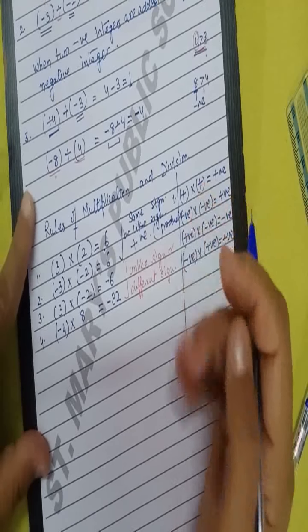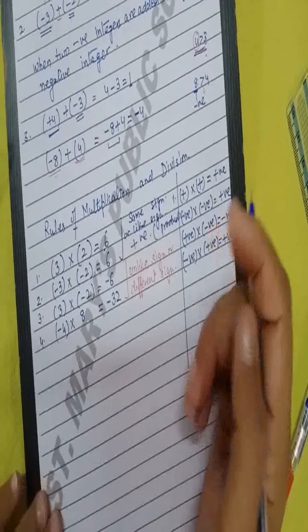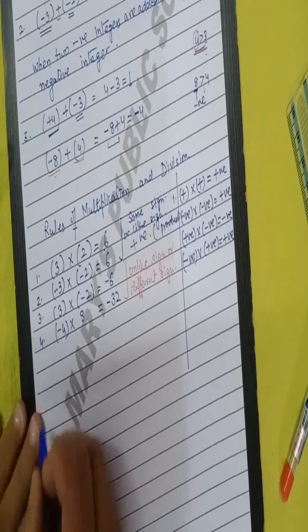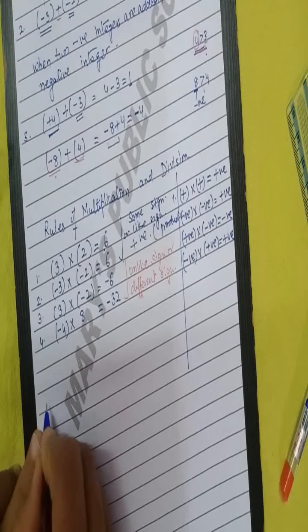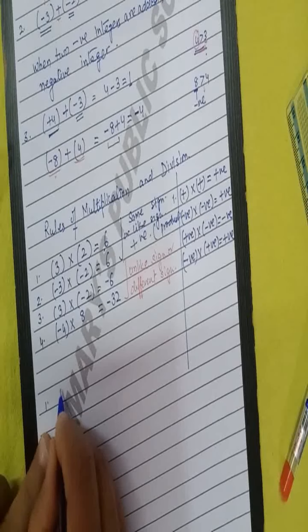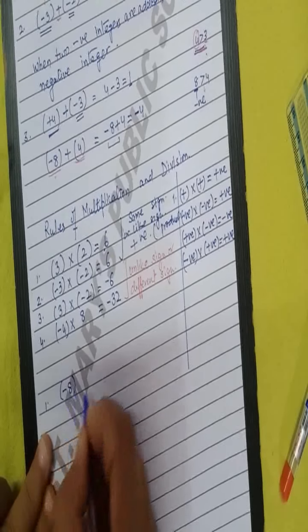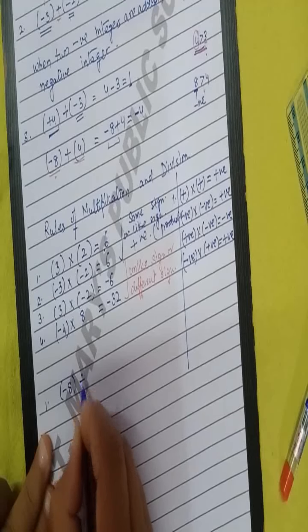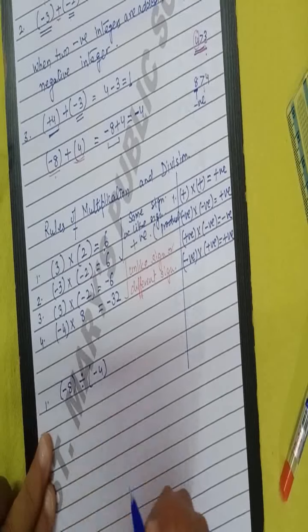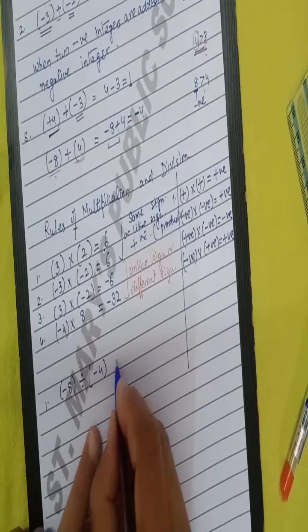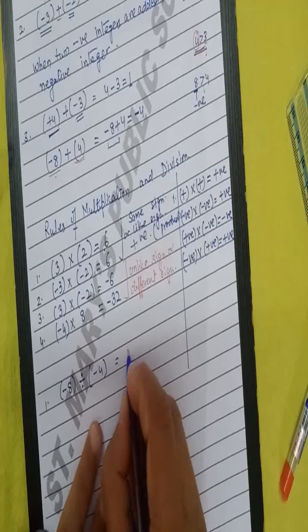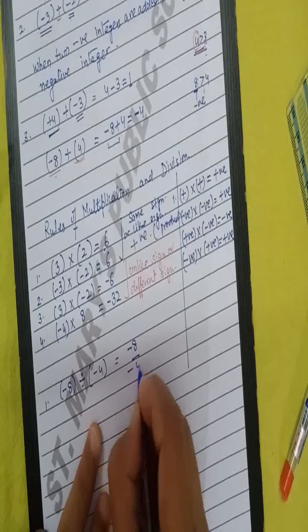Now for division, we will apply the same rule. Suppose we are dividing minus 8 by minus 4. What do we get? Minus 8 divided by minus 4.